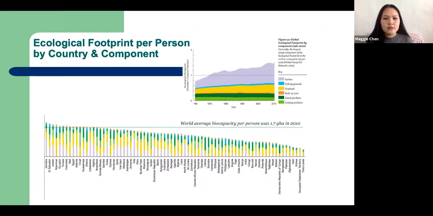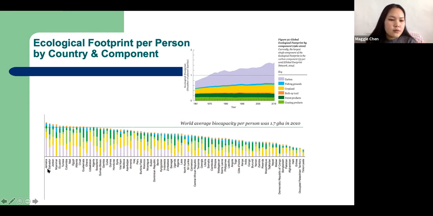But now looking at developing countries, the green line is our world average biocapacity per person. Basically, this is the average ecological footprint worldwide, for the average person around the world.